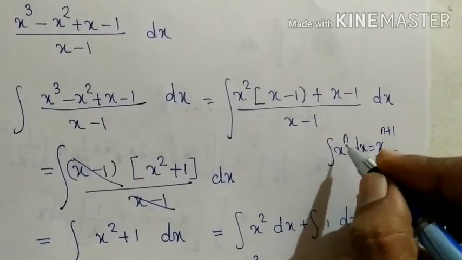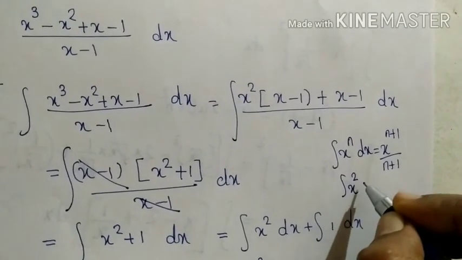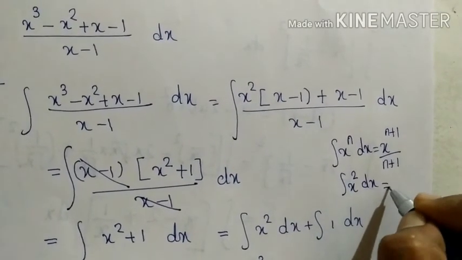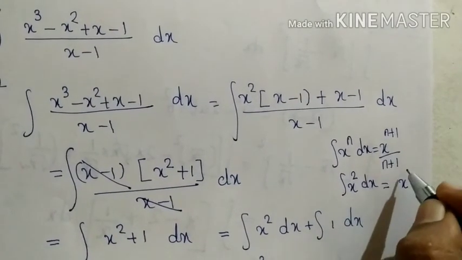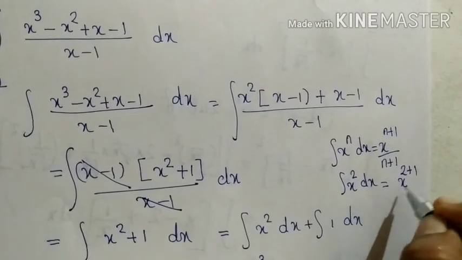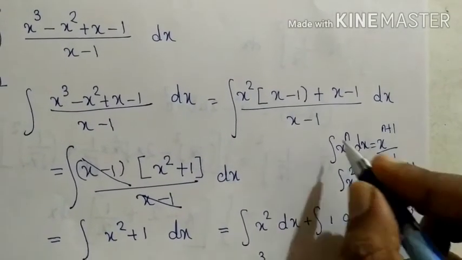Comparing these, here n is replaced by 2. We get the value of integral x square dx as x raised to 2 plus 1 divided by 2 plus 1, that is x cube by 3.